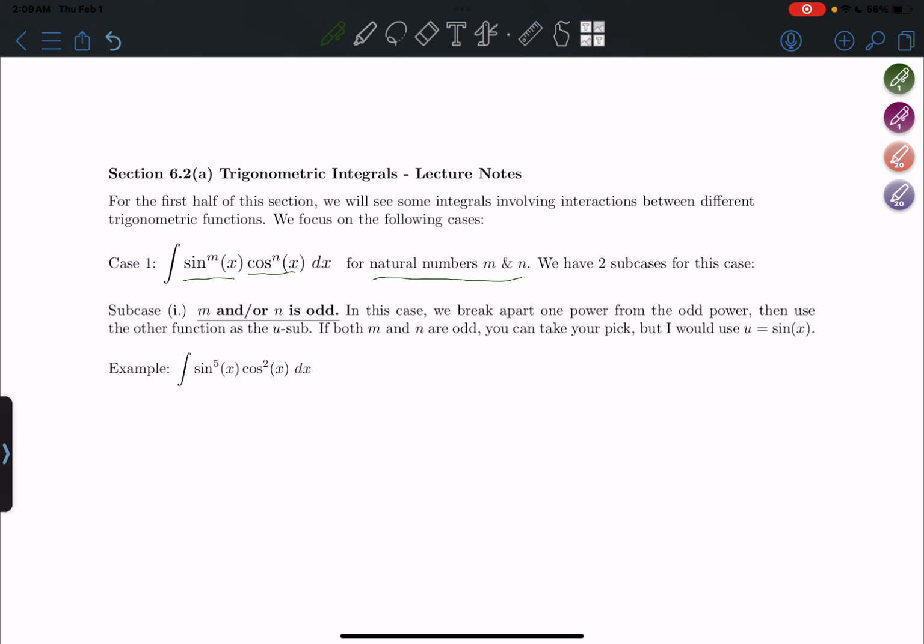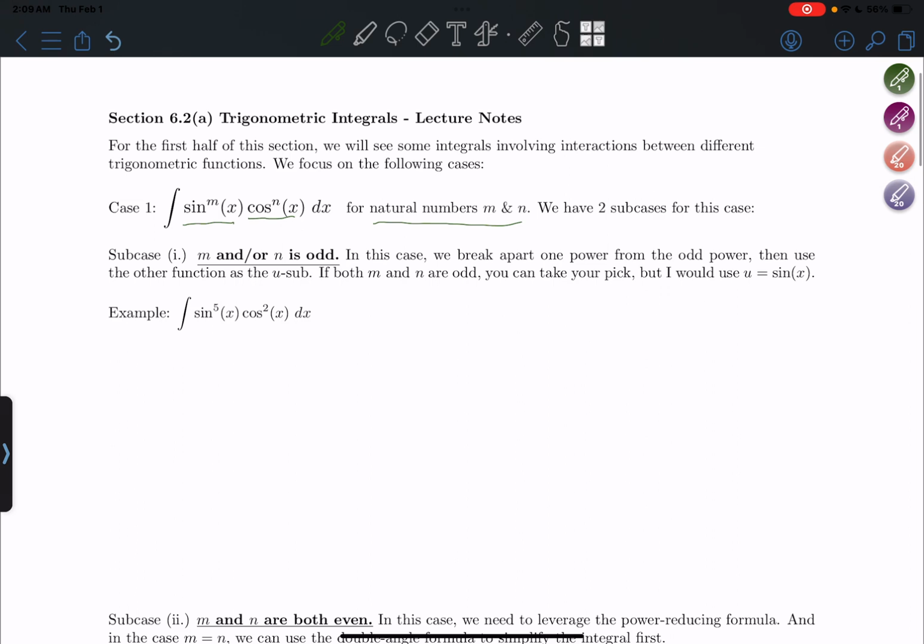In this case, we break off the odd power, and then we use the other function as a u substitution. If both are odd, then you can choose whichever function you want to use. I would still use u equals sine, because this way the derivative du is just going to be cosine instead of having an extra negative. Whatever you can do to make your problem a little bit simpler.